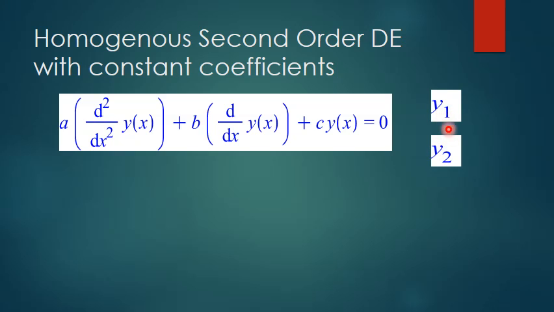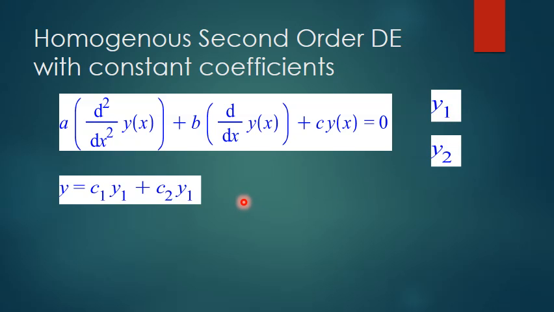So if I have two separate solutions, then the principle of superposition says if I add these two solutions together, multiplied by some coefficient c1 and some coefficient c2, this is also a solution. Now, what also has to be true about y1 and y2 is that they have to be linearly independent of each other, which means y1 cannot depend on y2 and y2 cannot depend on y1.